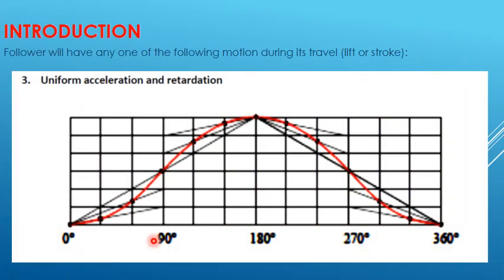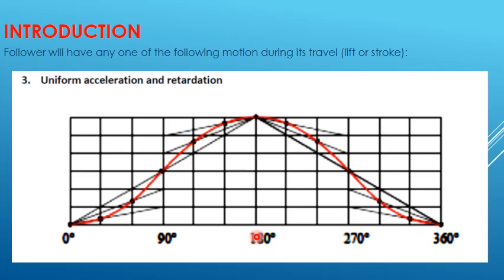Now, uniform acceleration and retardation, this is similar to simple harmonic motion, but it uses a different method to draw. Let's say 0 to 180 degrees for the uniform acceleration and retardation with maximum lift or stroke. Looking at 0 to 180, we have 6 equal parts horizontally, and we need to have 6 equal parts vertically also.